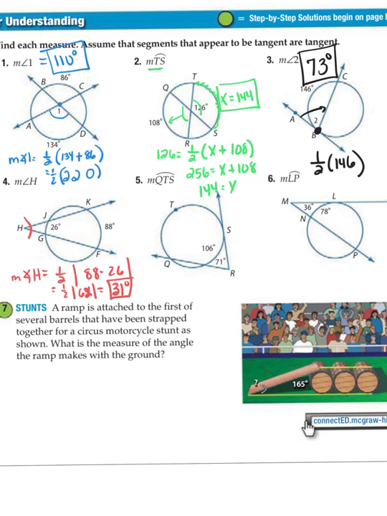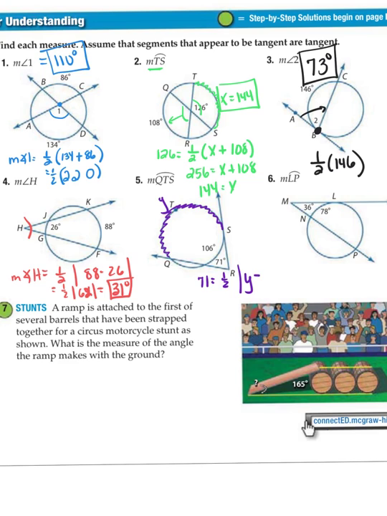Number 5, we're asked to find this large major arc. It is formed by a tangent and a secant intersecting from the same exterior point, which happens to be R. The angle formed, which is the measure of R, is 71 degrees. So 71 equals 1/2 of the arc I'm looking for, let's call it Y this time.